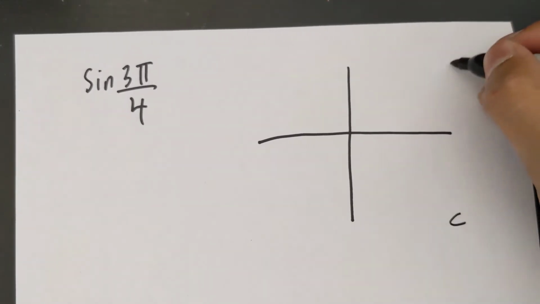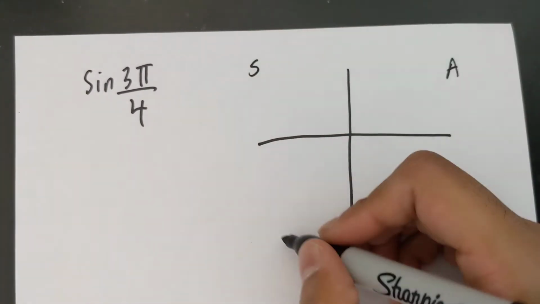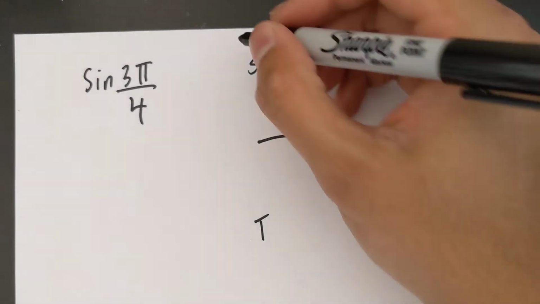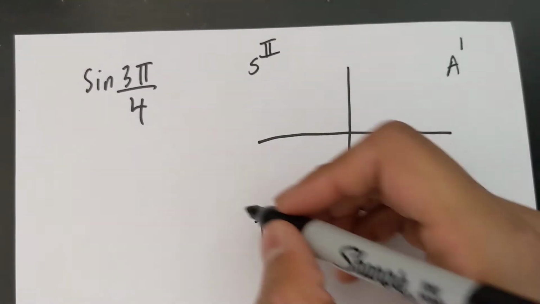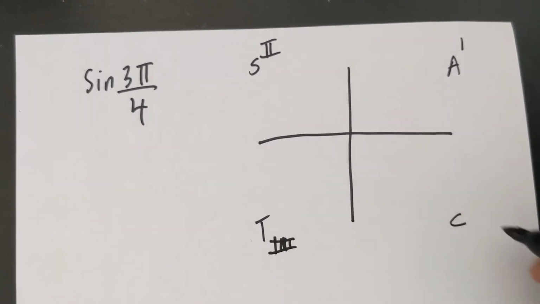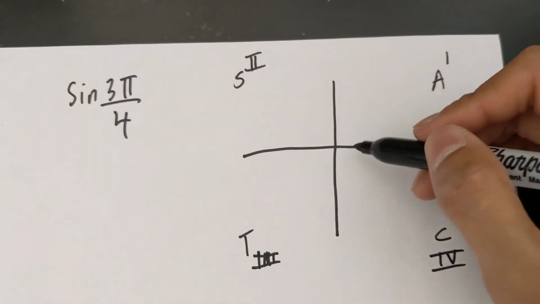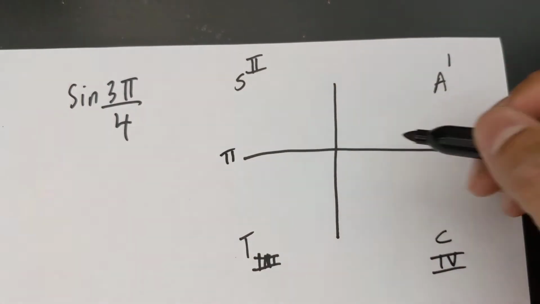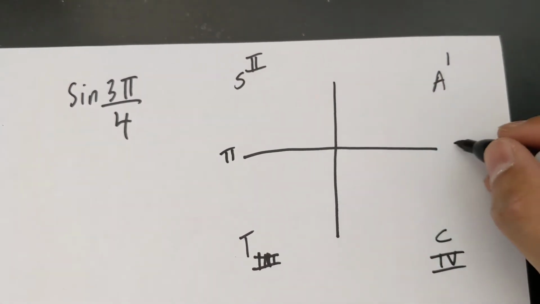So remember, this is C A S T, and then this is quadrant number 1, quadrant number 2, quadrant number 3, and then quadrant number 4. So remember that half of a circle has a distance of pi, and one full circle is 2 pi.